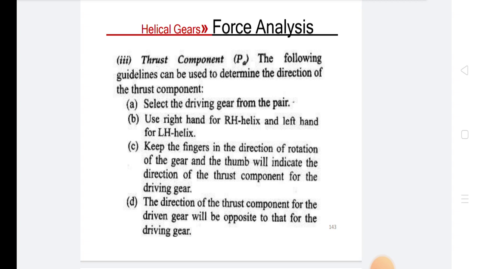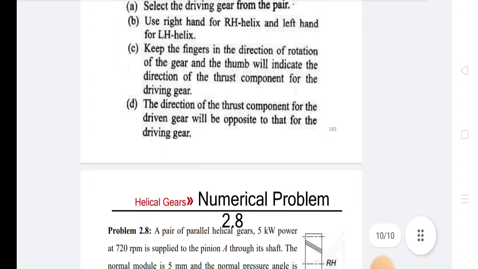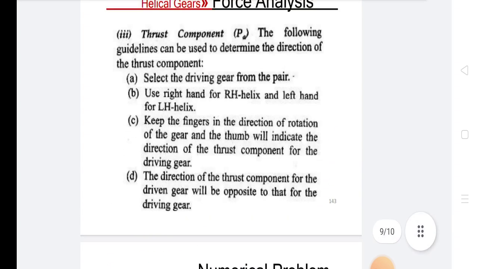Keep the fingers in the direction of rotation of the gear, and the thumb will indicate the direction of the thrust component for the driving gear. Next, the direction of the thrust component for the driven gear will be opposite to that for the driving gear.